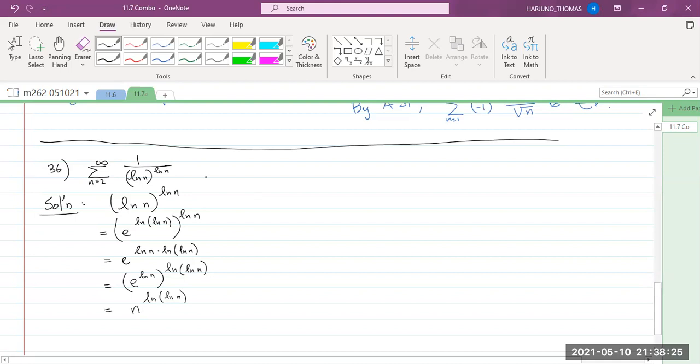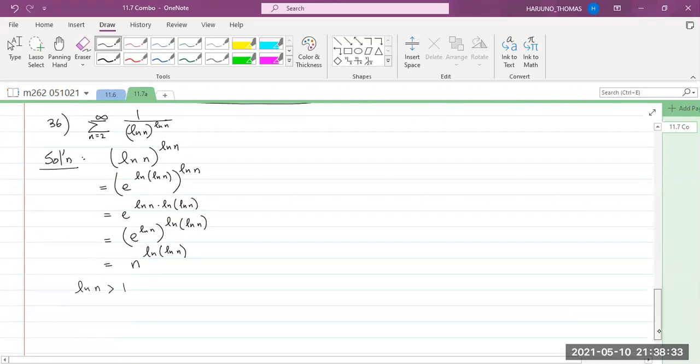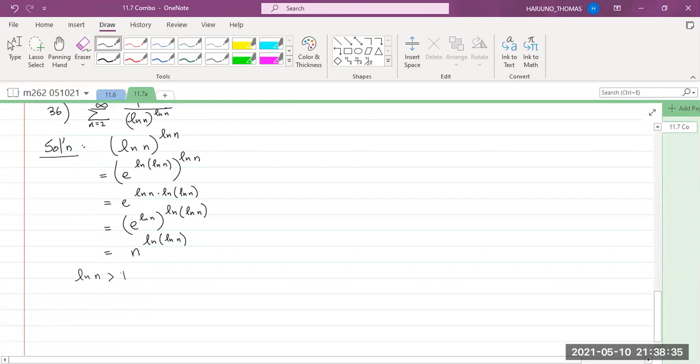Oh, I remember now. And we know that natural log of n will be positive, will be greater than 1. For some n, actually I need this.